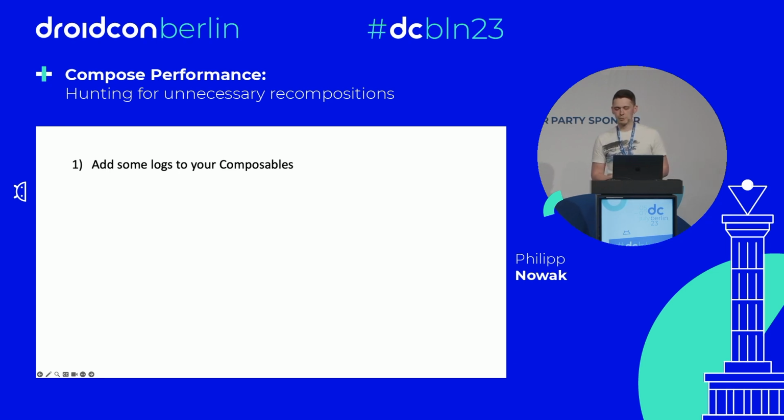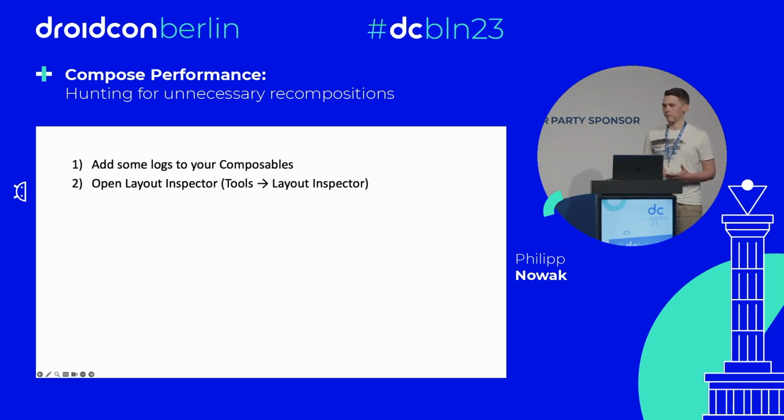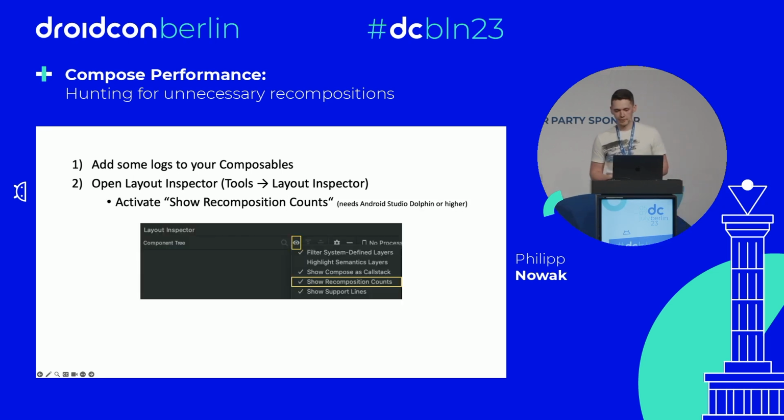As this might be error-prone and requires a lot of manual work, there's a second solution, the layout inspector. I guess most of you will know this tool. You can find it in the Tools menu of your IDE. And to get information about recompositions, you then need to click this little eye icon here and activate the Show Recomposition Counts option. So with that knowledge, let's jump into the first example.